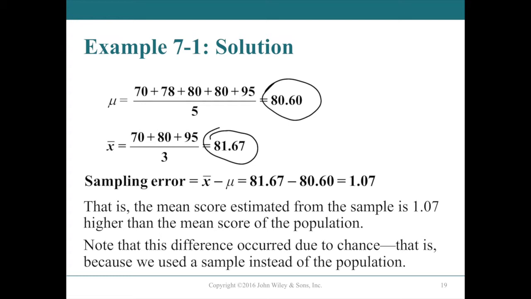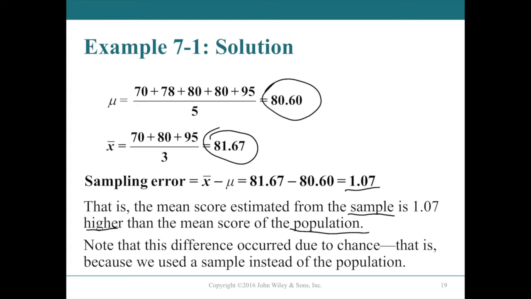Our sample, on the other hand, gave 81.67. Not a perfect match, but it's pretty hard to get a perfect match. And in this particular case, the sampling error, as you take the difference, is a little bit over 1.07. The mean score estimated from the sample was a little bit higher than the mean score of the population, which is what the goal was.